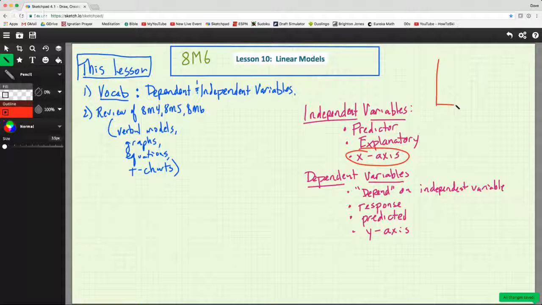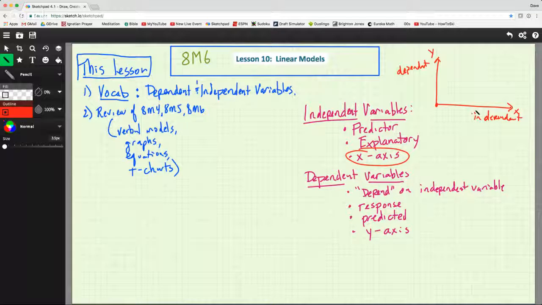So when you're looking at something like this, x is the independent variable, and the y is going to be our dependent variable. That's just the convention that we use when we're writing up our experiments, or our prediction models, or building our scatter plots.